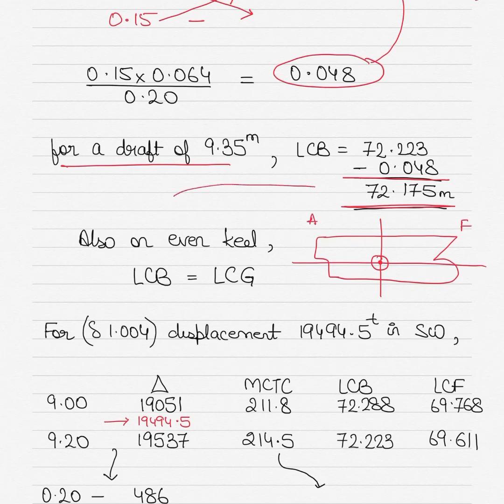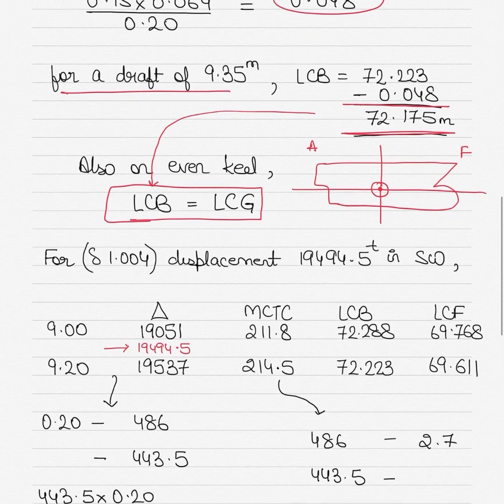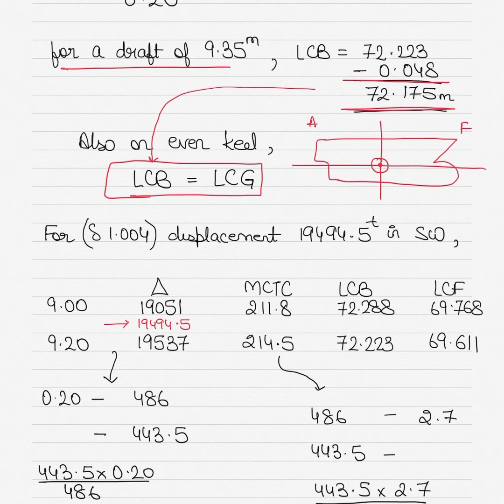Therefore, finding out the LCB on even keel helps us to also find the LCG, which is the longitudinal center of gravity. So when the vessel is on even keel, the longitudinal center of buoyancy equals the longitudinal center of gravity. Because we cannot find out the LCG values from the table, it is not given, we find out the LCB value, and then because it's on even keel, we just know that LCB will be equal to LCG. So here you have found out the LCG value as well of 72.175 meters.